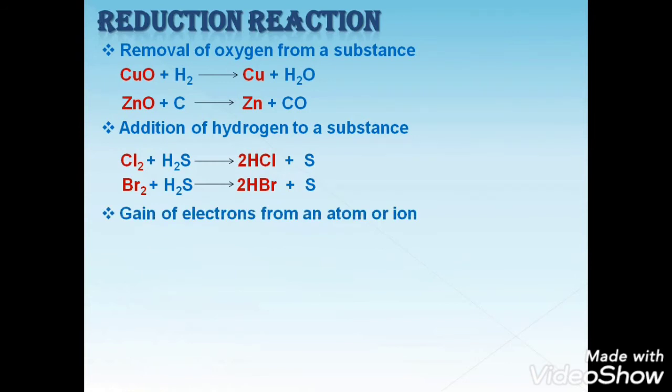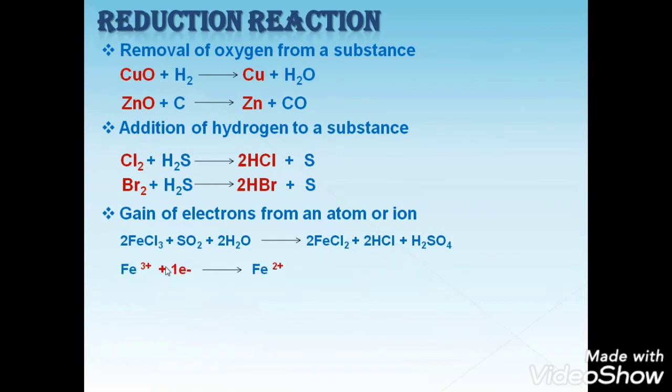Now the third characteristic is gain of electrons by an atom or ion. So here we have an equation, iron 3 chloride reacting with sulfur and water to form iron 2 chloride, hydrogen chloride and sulfuric acid. Now here we say gain of electrons by an atom or ion.